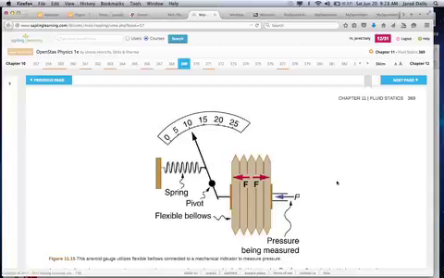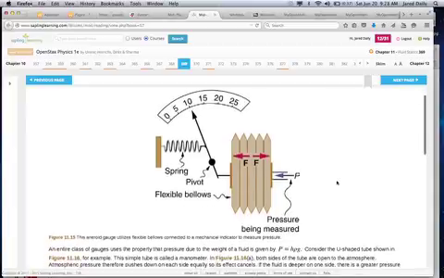Here is a very simple machine for measuring gauge pressure, and actually they're called pressure gauges for measuring gauge pressure. This pressure gauge works on a principle of force essentially exerted over a particular area. So here's what we have in here: this bellows that flexes, and this bellows is connected to an outside tube kind of thing, where the pressure from the outside can enter the tube and press on the bellows.